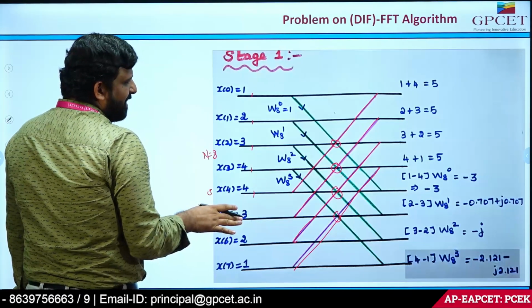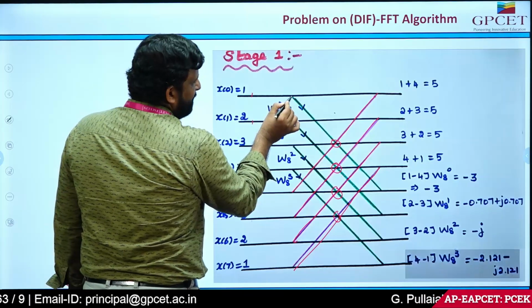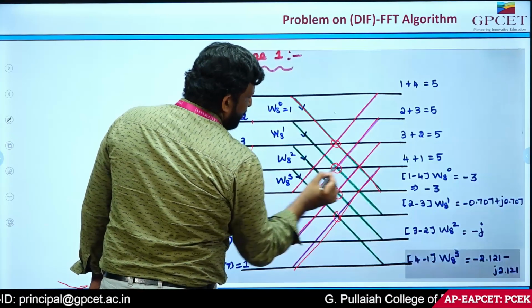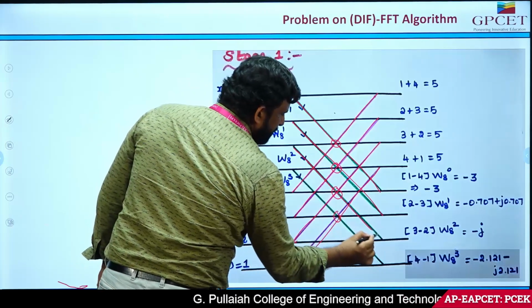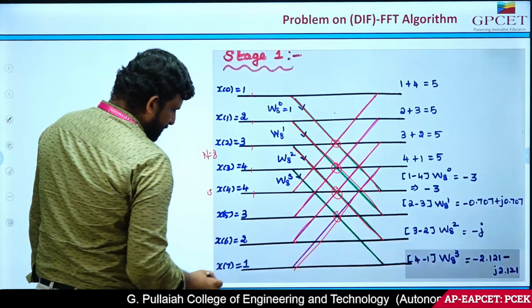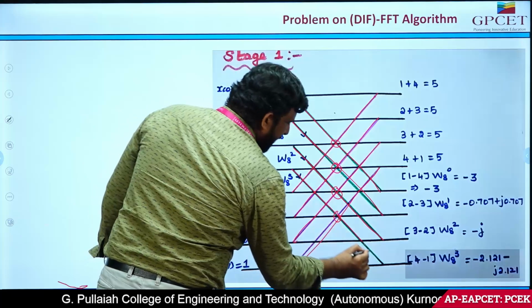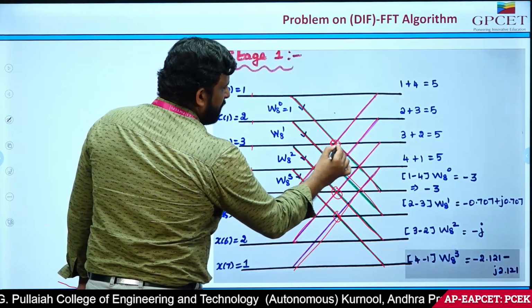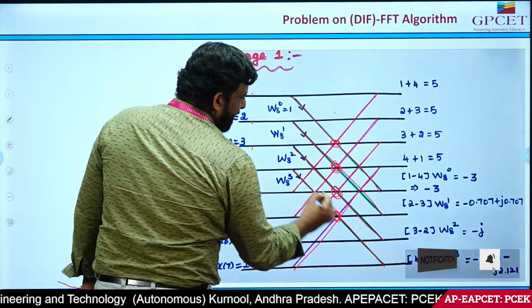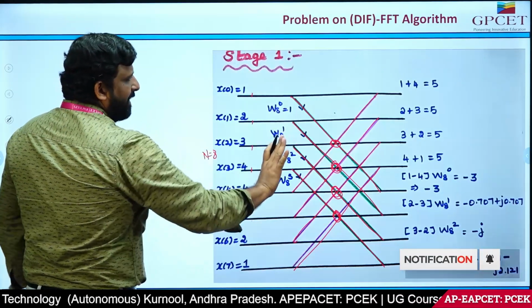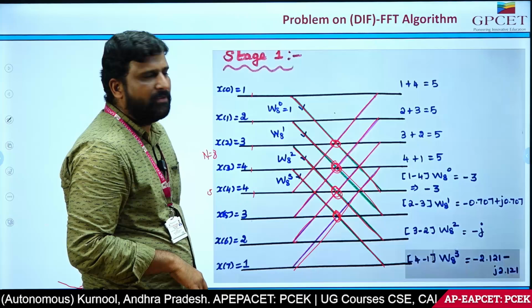And where should I start? Starting from first line to fifth line, second to sixth, third to seventh, and fourth to eighth. By drawing these, 4 connections will happen here.